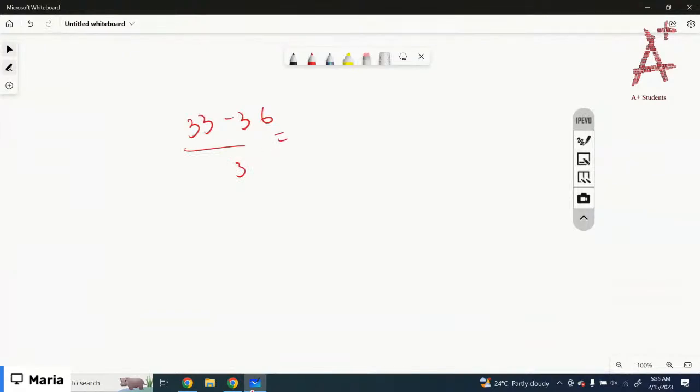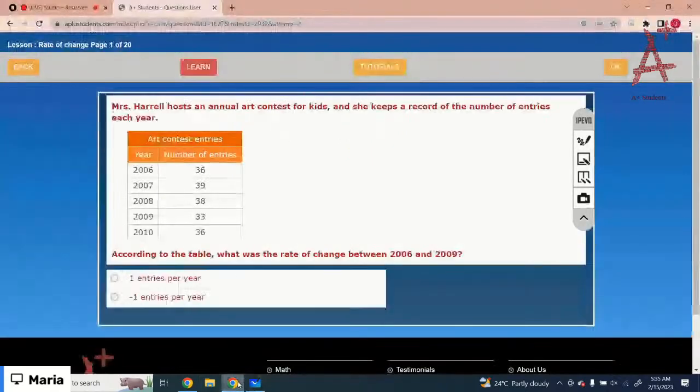So 33 minus 36 is negative 3, and negative 3 over 3 is negative 1, sorry. So the rate of change is negative 1. Got it? The rate of change is not 1, it is negative 1, because you have to subtract 2006 from 2009, so it would be negative 1 entry per year.